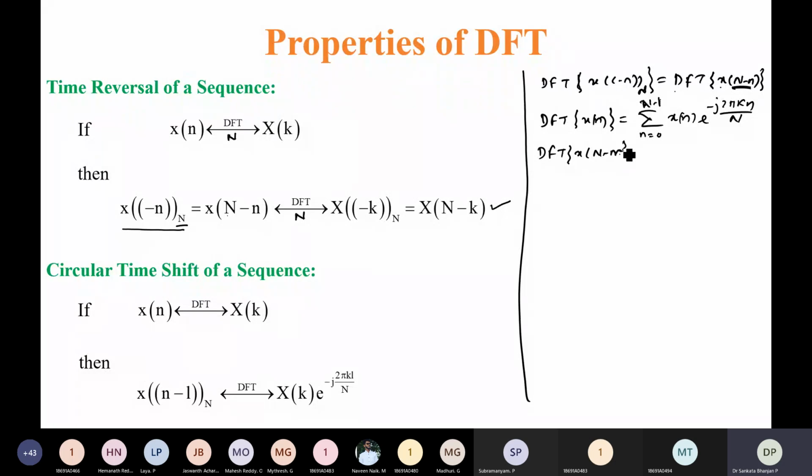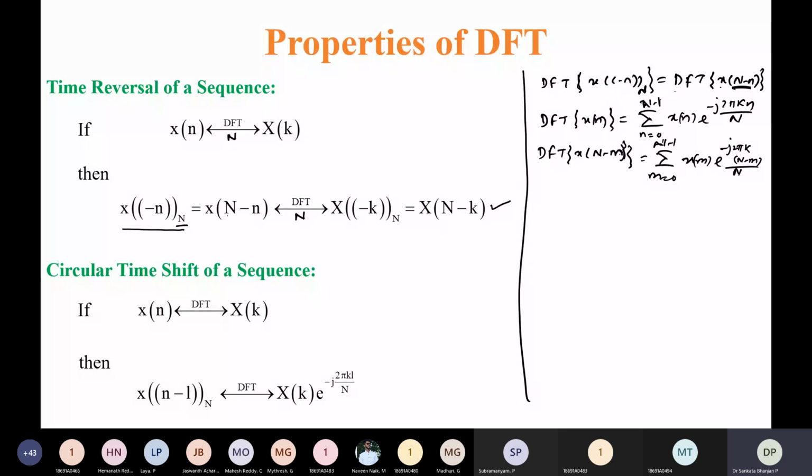So N minus m. What is this value? Summation m equals 0 to N minus 1 of x of m into e to the power minus j 2 pi k (N minus m) divided by N. Clear? Now what is this value?